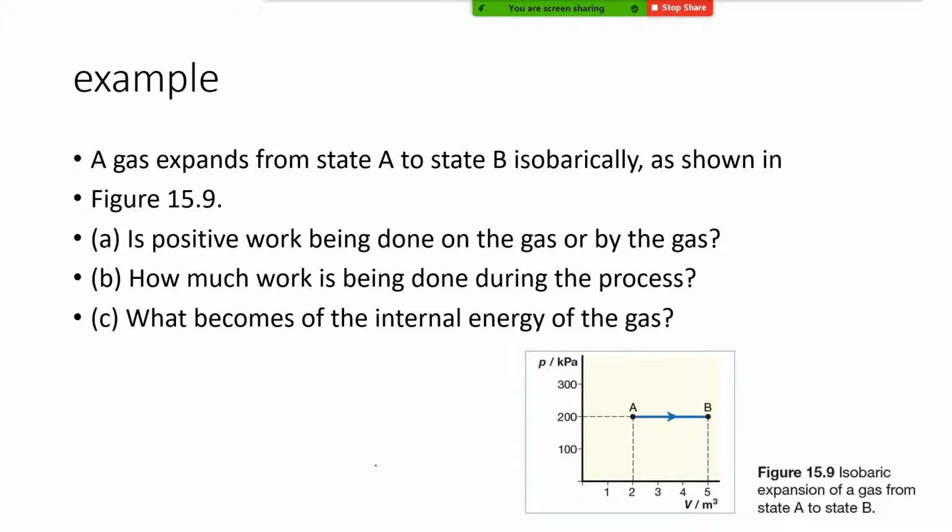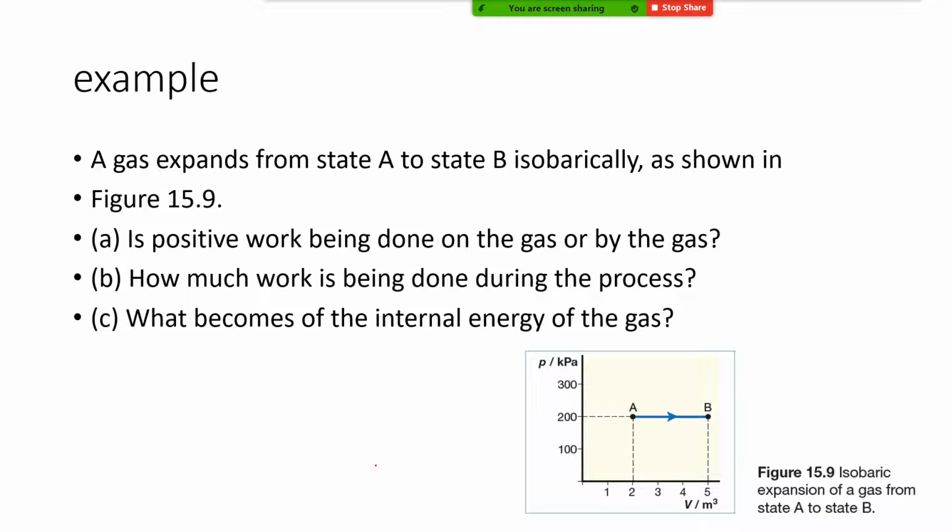So your work is being done by the gas. Yes. Work is being done by the gas. Any particular reason for you to say that? Because it's expanding, so it's doing work on the atmosphere. Precisely so. Expanded.